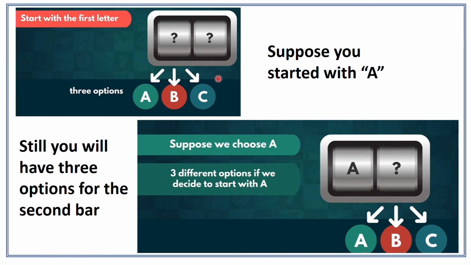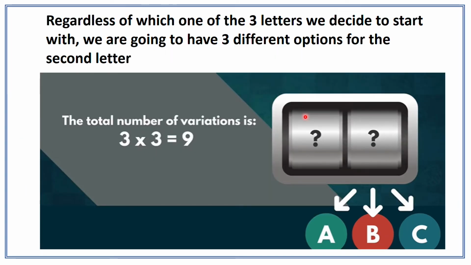For the second one, you will again have three options, because there is no condition given that if you have used A at the first place, you cannot use it a second time.